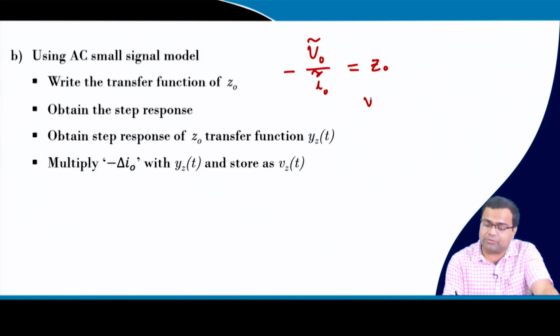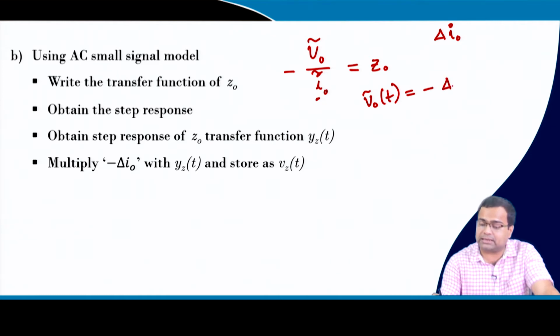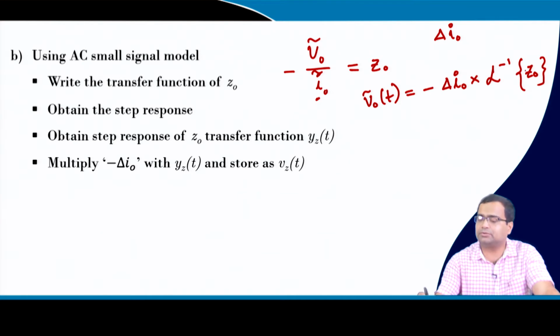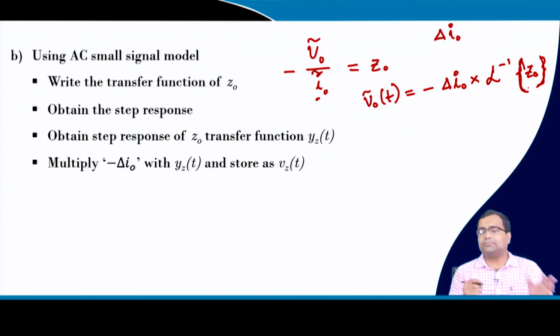So, if we want to write delta V0 t, suppose we apply a load step of delta I0. Then it should be minus delta I0, which is the step size, into the Laplace inverse of Z0. Whatever we get, we take the inverse Laplace, because we need to do the step response.